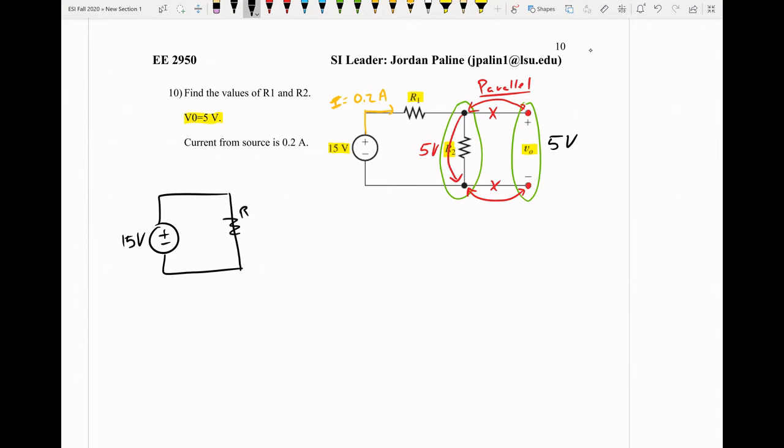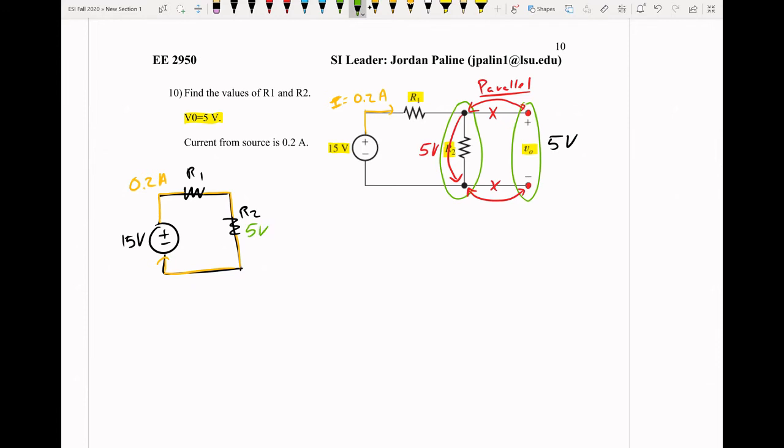This will be R2, this will be R1. And we know, like we said, there's this current running through everything. That's 0.2 amps. Okay, and we found out that there's 5 volts across here.